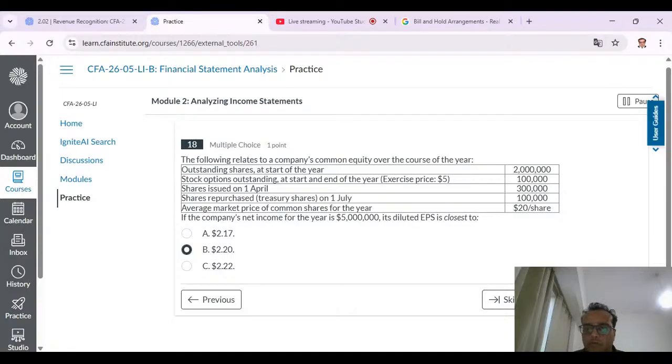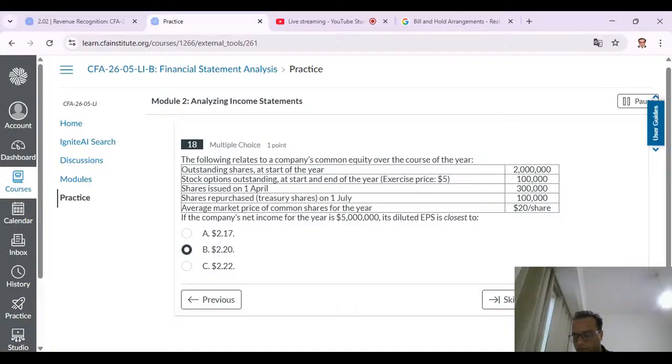So 2 plus 0.1 minus 0.025. Okay, plus there are certain shares which I have issued during the year, which is around 300,000, so add 0.3 and minus 0.1.